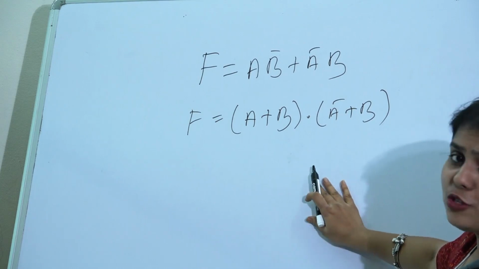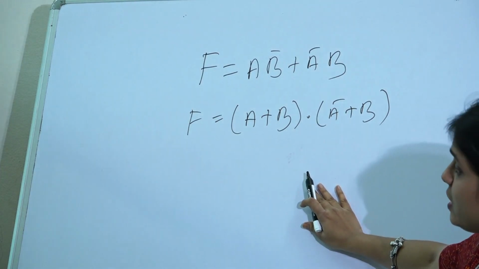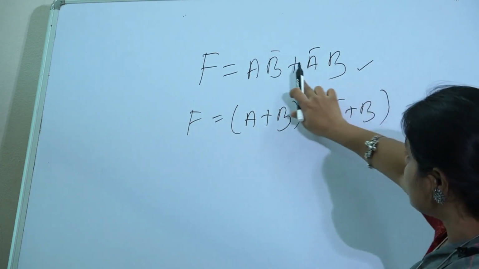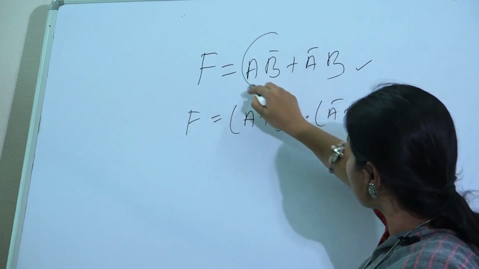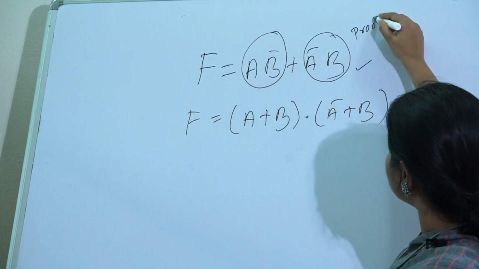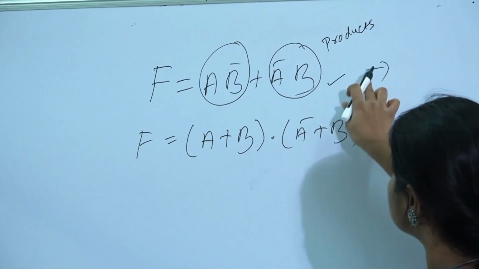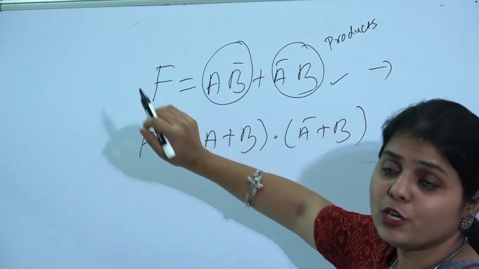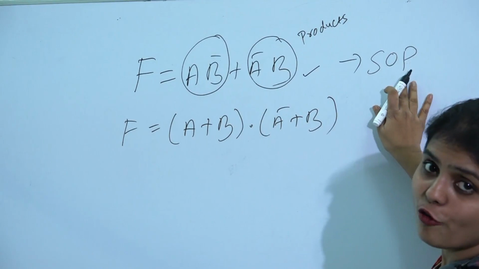Okay. When we look into these Boolean functions, what I observe in this particular function is that it is a sum of products. This is my first product term and this is my second product term. So I call these product terms and I am summing them. This particular representation of the Boolean function is called SOP, sum of products.